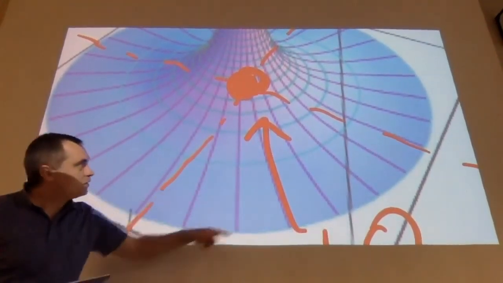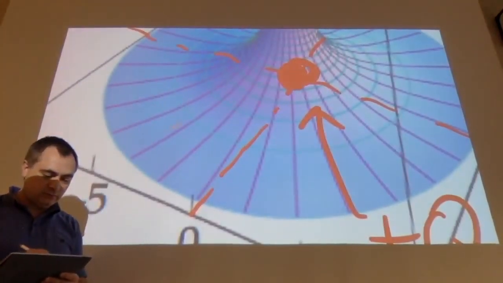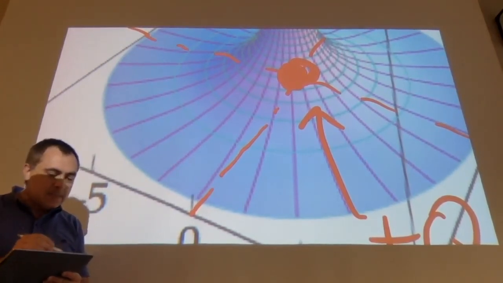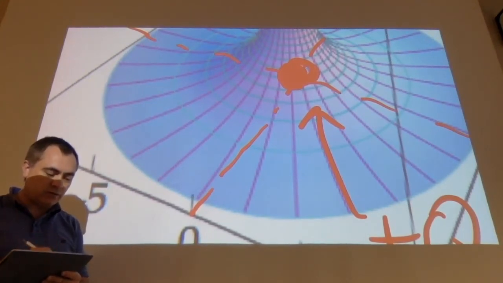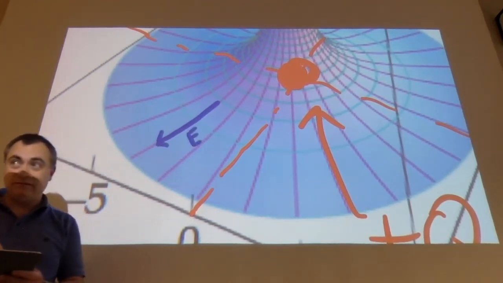These purple ones that are pointing out, they actually represent something. Let's draw them in here. Something that contrasts with it a little bit. I shouldn't use green because that's just going to confuse. This line represents, believe it or not, the electric field.